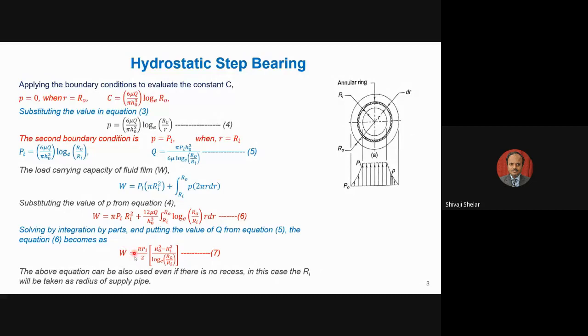So to take that particular load, we have to maintain Pi greater than this value. The supply pressure to be maintained in the step bearing has to be greater than the minimum required by this relation. So if you know the value of load to be supported, and you know the geometry of your step bearing, from that you can determine the minimum supply pressure required.